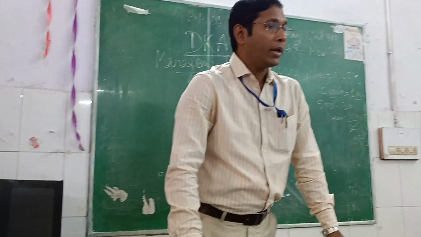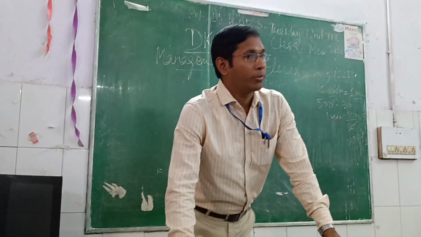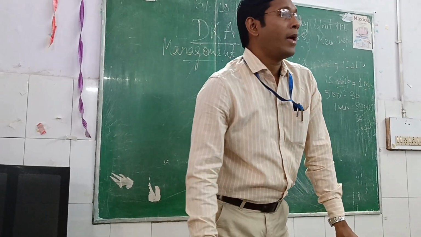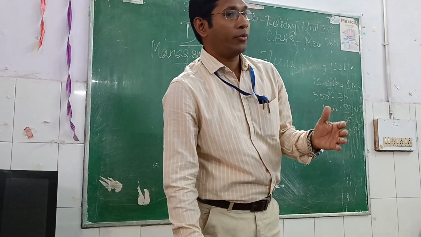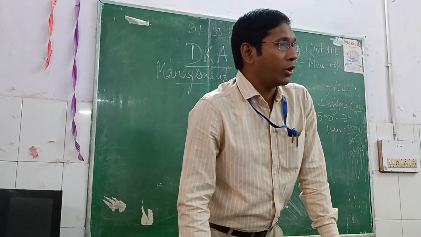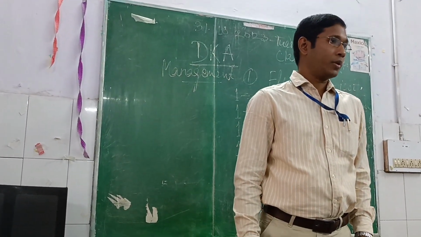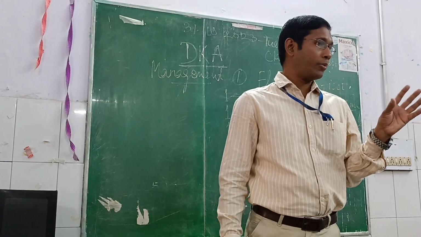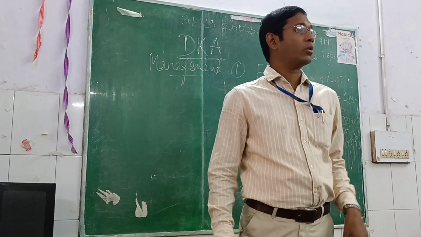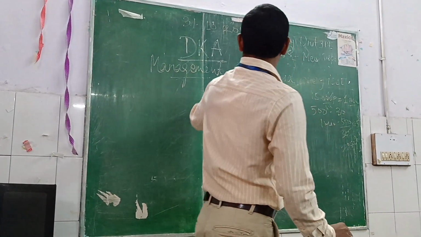Because in DKA you have to manage the dehydration, because the more the patient is dehydrated, the more will be the chances of acidosis, and that further deteriorates the condition of the patient, because acidosis leads to cardiac asystole also. In an acidic environment, proper pumping of the heart is also not possible. That's why such patients are also hypotensive. So to improve the cardiac function, this is the principle.